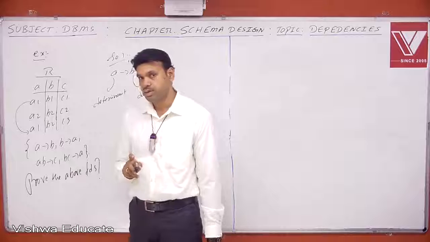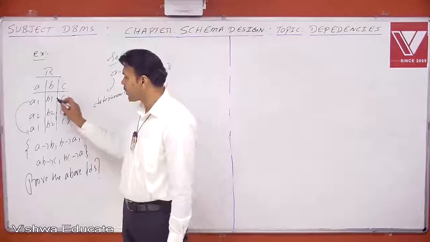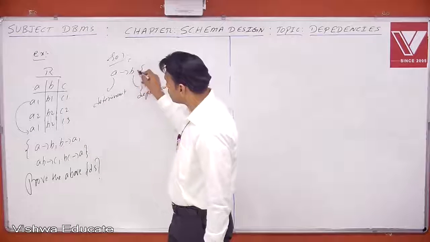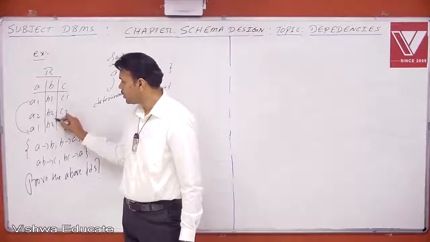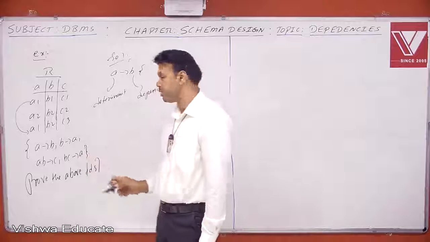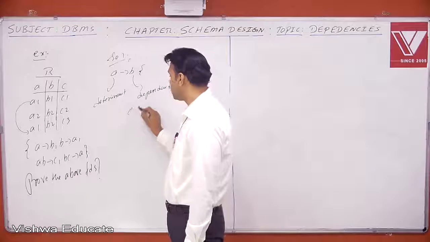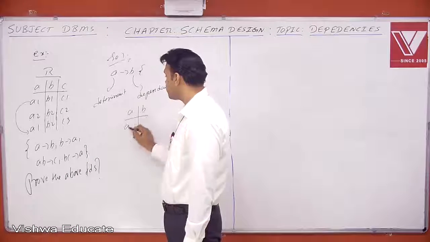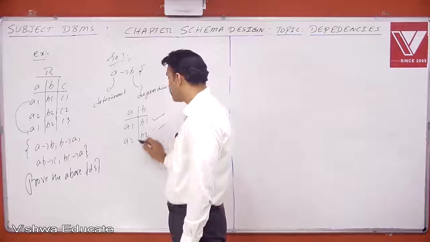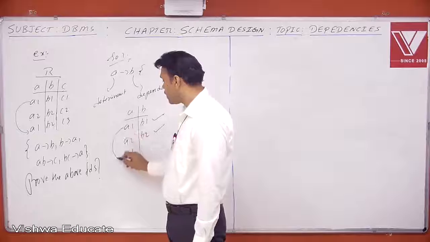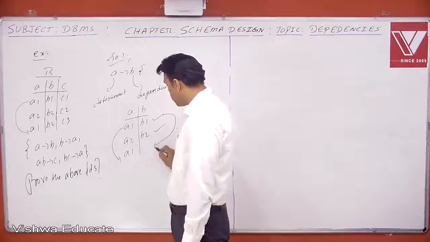It's so dangerous. When A1 is repeated, what has to repeat? Its concerned dependent has to repeat. What is its concerned dependent? B1 has to be repeated. But it failed. How? A1, B1, it's okay. A2, B2, it's okay. When A1 is coming, B1 has to repeat.